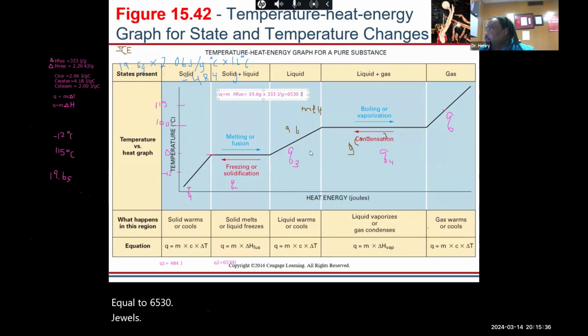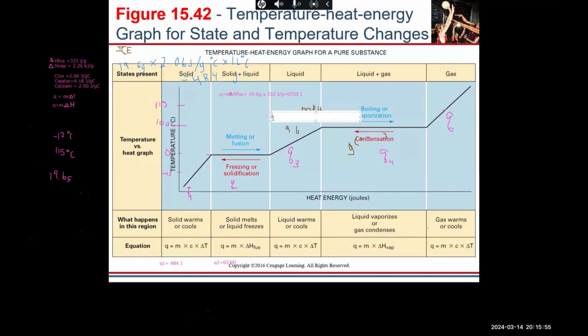Okay. So what about Q3? What are we going to do for Q3? Would it be the 19.6 times the 4.18 joules per gram degree Celsius times the change in temperature?